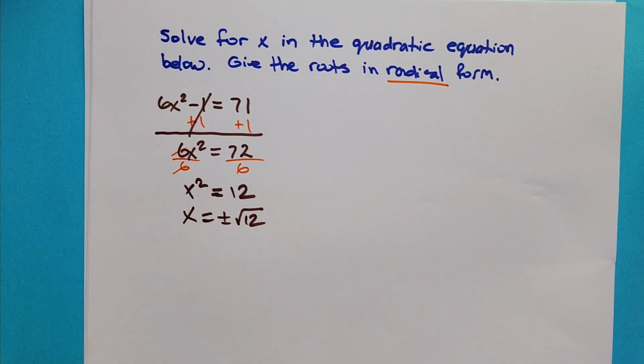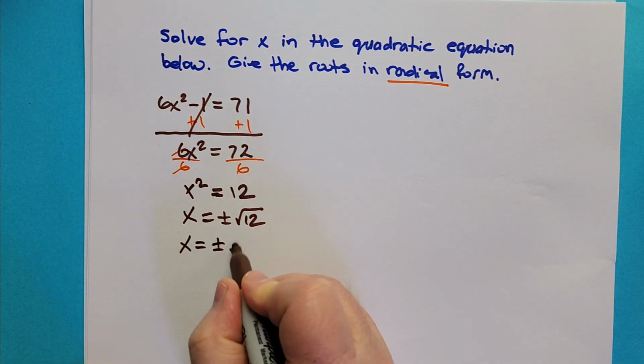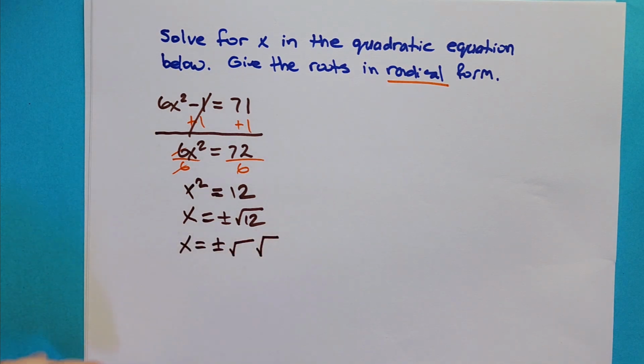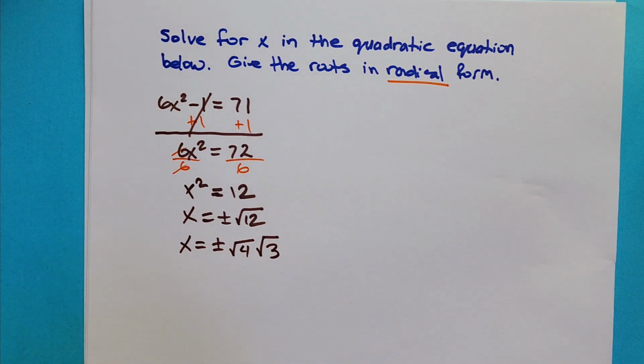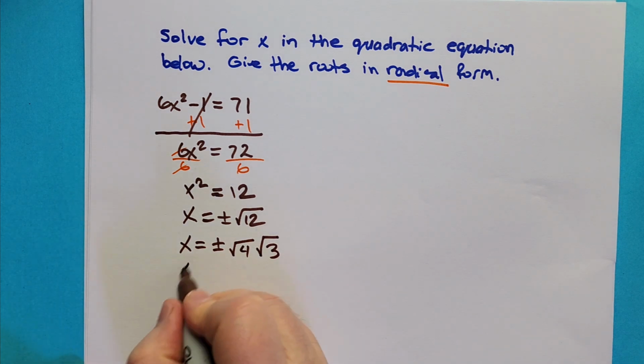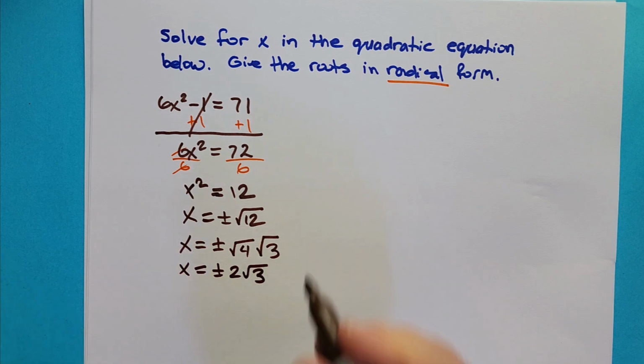But radical 12 definitely simplifies, so we can write this as a product. And just like the previous example that we solved earlier, we can factor out a 4. So it's 4 times 3. So the 2 roots, completely simplified, is plus or minus 2 radical 3.